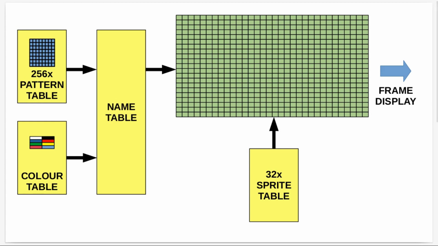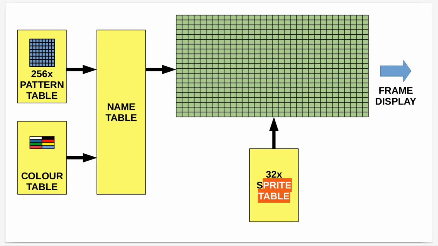And then lastly, there's a color table which also maps onto the grid within the display frame. So basically it's a character display, but you can define each of the characters within the display as being one of 256 patterns.